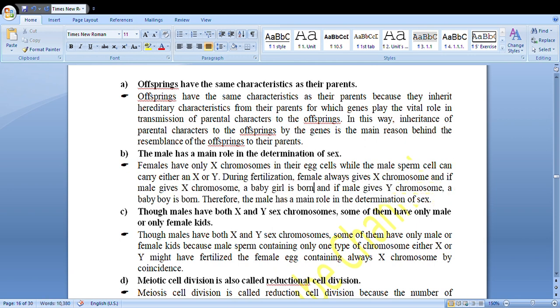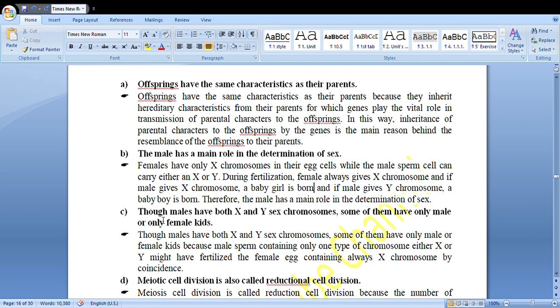If the male gives the Y chromosome, a baby boy is born. Therefore, the male has the main role in the determination of sex. Female always has XX chromosomes. Male has XY chromosomes. So if the male gives the X chromosome during fertilization, a daughter is born. If the male gives the Y chromosome, a son is born.